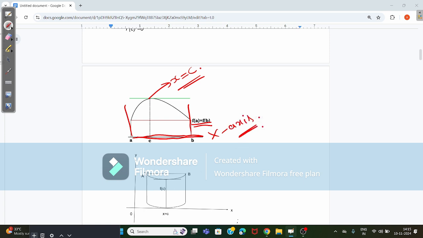Now this is also another graph. This is the value of a, this is the value of b, and this is x equals c. This is the tangent drawn at x equals c, and it is parallel to the x-axis.